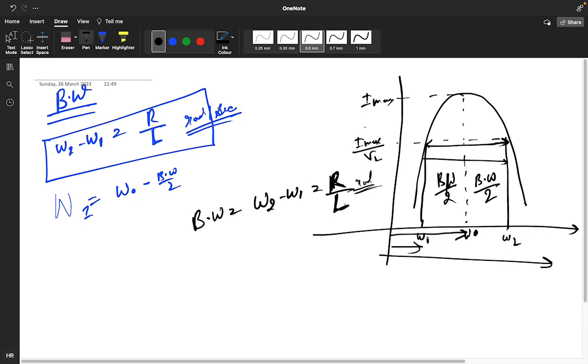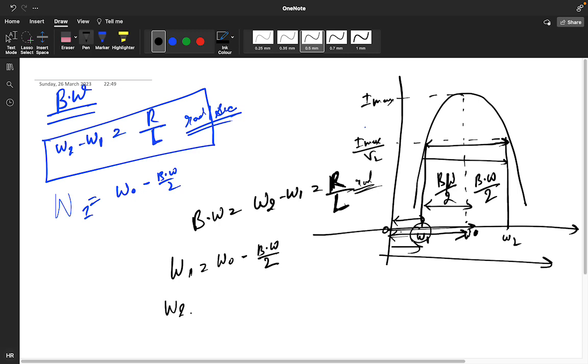If you have the omega naught value from 0 to here, and this is your bandwidth by 2, then to get omega 1, omega 1 will be equal to omega naught minus bandwidth by 2.